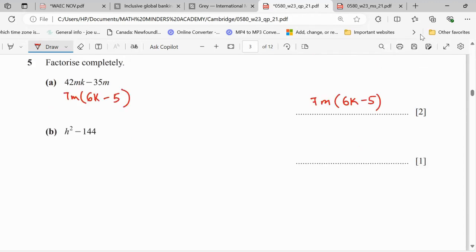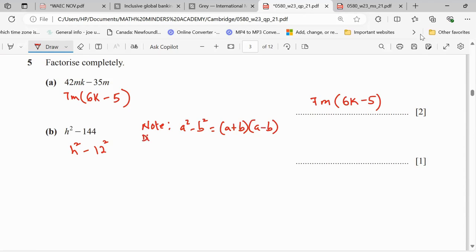The next, we want to factorize this. Remember that this can be written this way. So this is a difference of 2 squares. Note this difference of 2 squares: A squared minus B squared is equal to A plus B, bracket A minus B. So we call this difference of 2 squares.